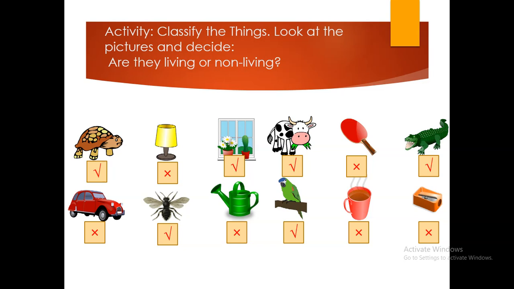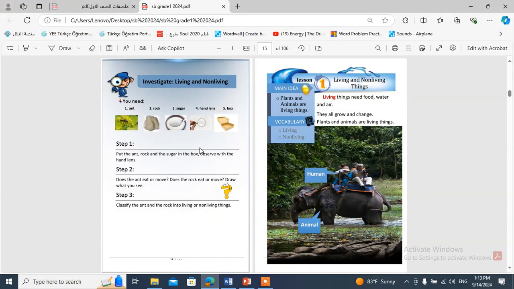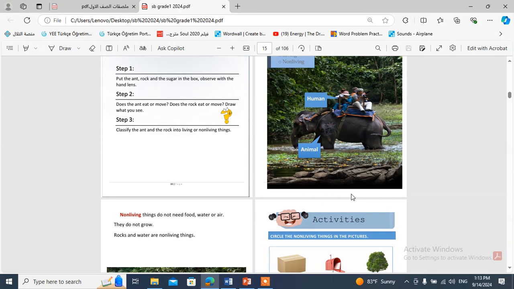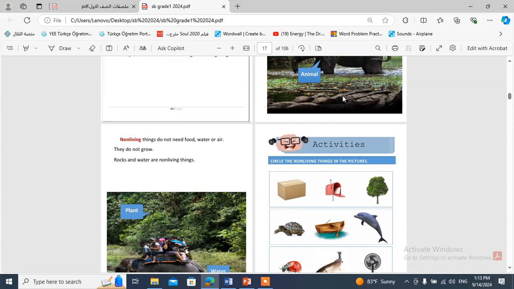Let's go to the book. I have this book right here. This investigation we did in class last week. Now, this picture in your book, you can see living and non-living things.